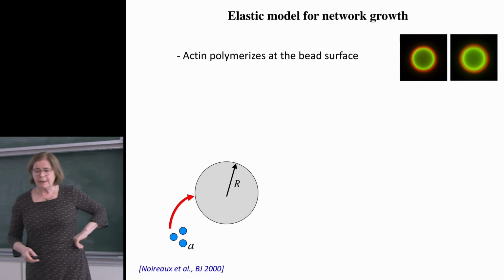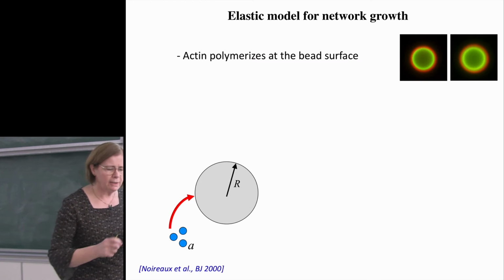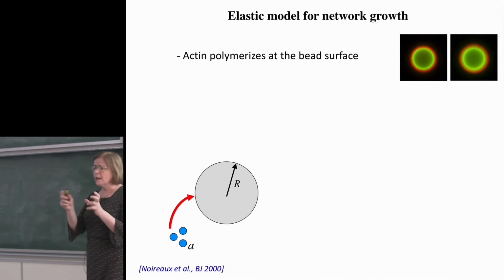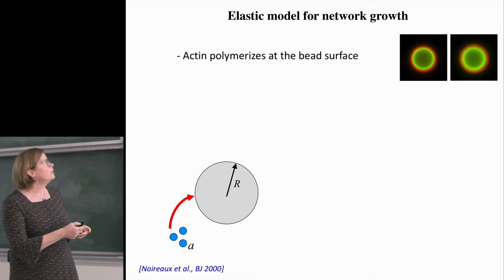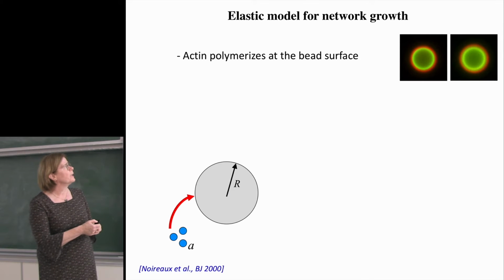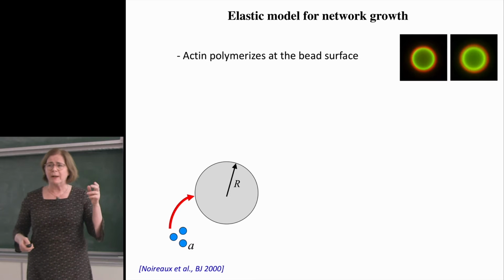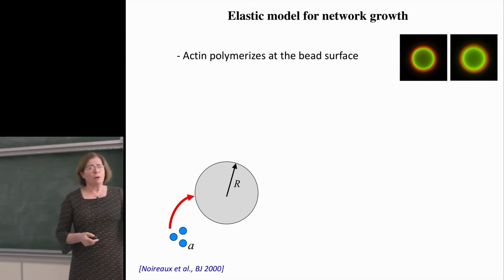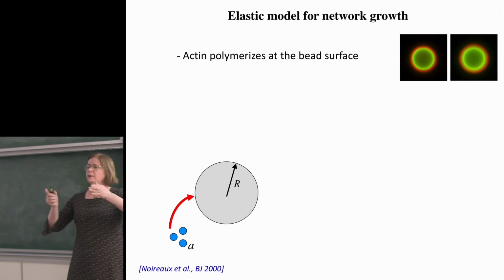So, I'll come to that later, but this network is elastic. It has elastic properties. So when you grow a first layer around this sphere, it's what I call the two-color experiment. We start with red actin, and then we put green actin so that we can see which one is first.